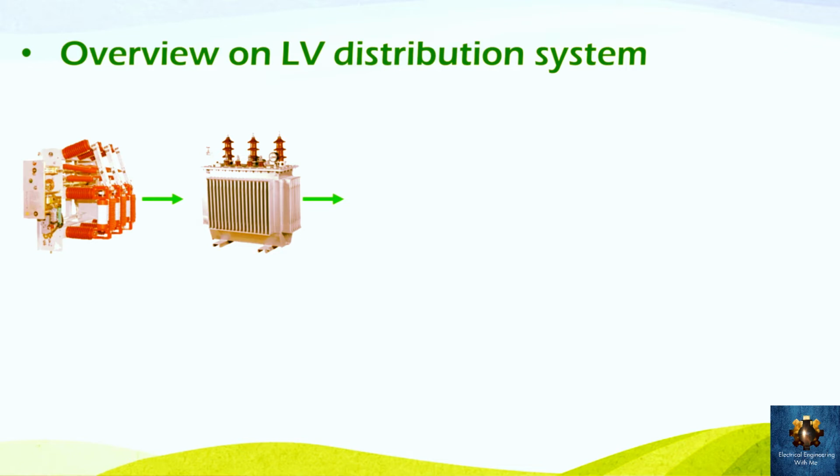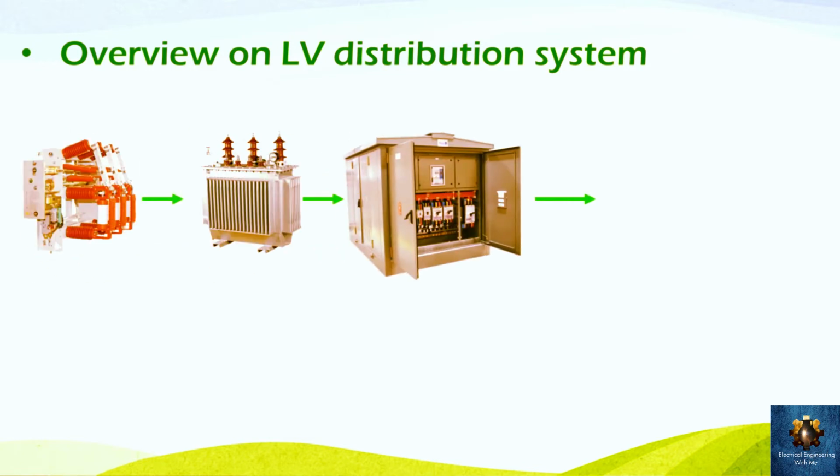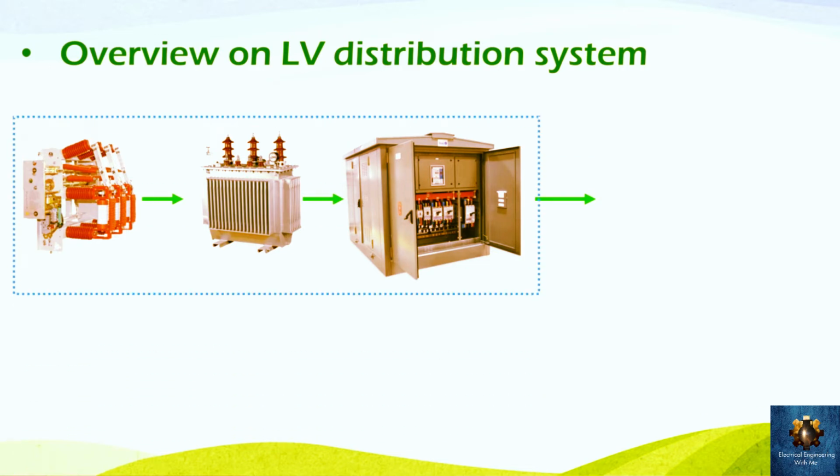After that, the transformer distributes its electrical power to the main distribution panel, which has an incoming circuit breaker and some outgoing circuit breakers. And those 3 components, which are the load break switch, the transformer, and the main distribution panel, lie in one package, which is the electric kiosk. So the electric kiosk contains the load break switch, the transformer, and the main distribution panel.